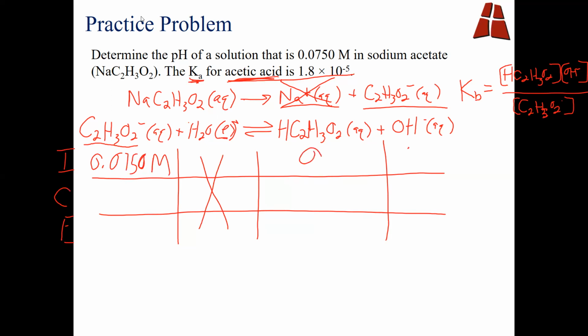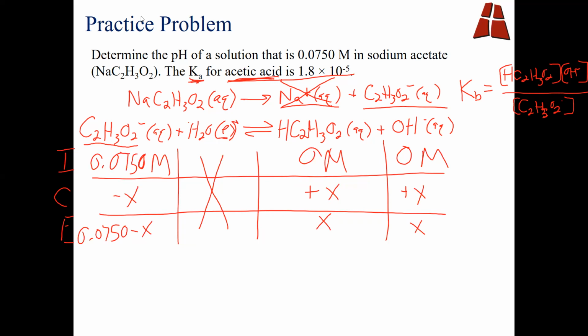Because we're not told anything about our products, we're going to assume that their concentration is 0. We can subtract x from this side because we have a coefficient of 1, add x here, add x here. Then if we combine our first two rows, we get 0.0750 minus x, x, and x for our equilibrium concentrations, right?